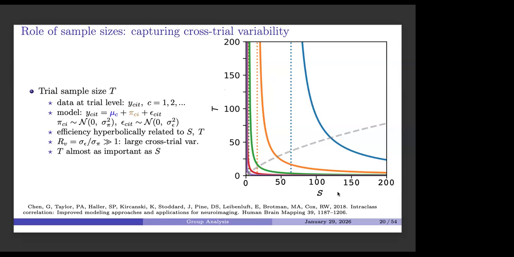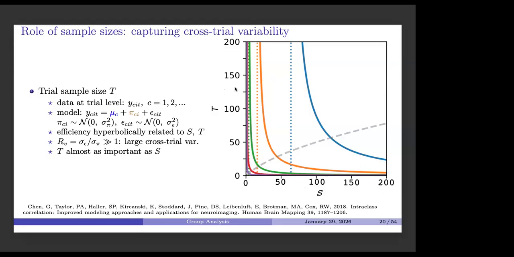Well, when I say almost, why do they matter almost similarly? There's an underlying assumption, that is, cross-trial variability versus cross-participant variability. Which one is bigger, or are they about the same? Based on empirical studies, the cross-trial variability is way much larger than the cross-individual variability.